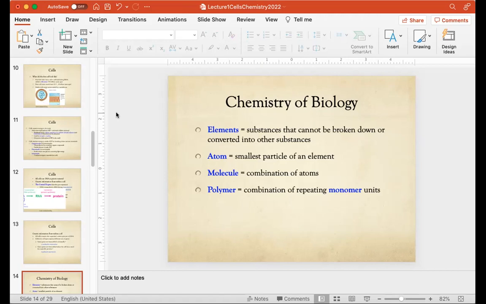What we have inside of a protein is just a long, long string of repeating subunits. And those subunits are amino acids. When you join amino acids together into a long chain and then fold it up, you're going to get a protein. So you'll hear me using that polymer word to try to drive home the idea that some molecules are built out of long, long chains of repeating subunits.